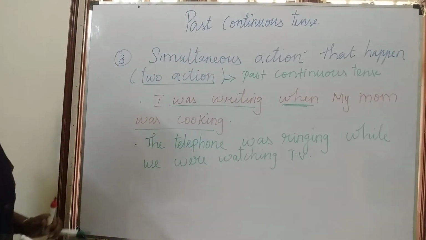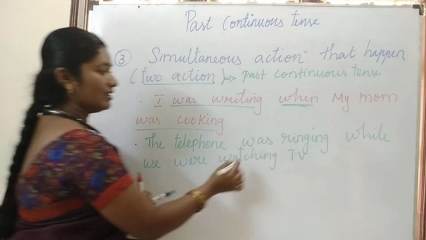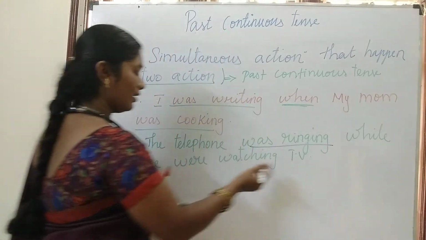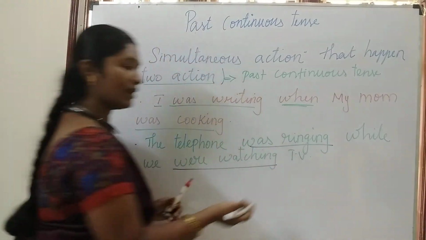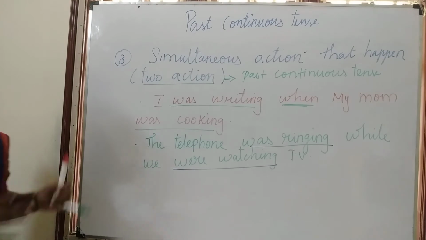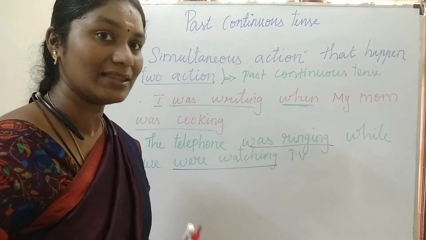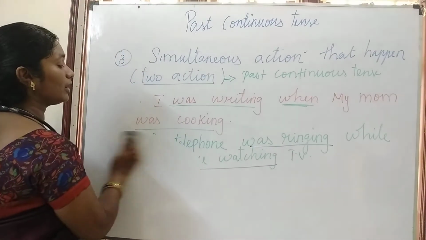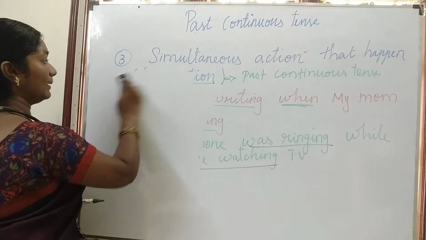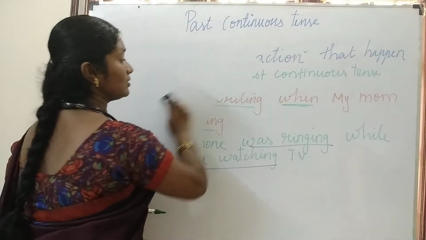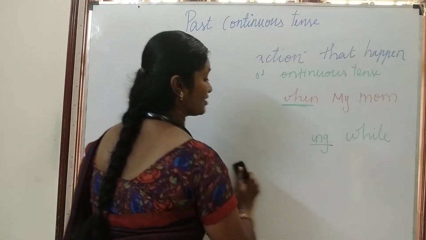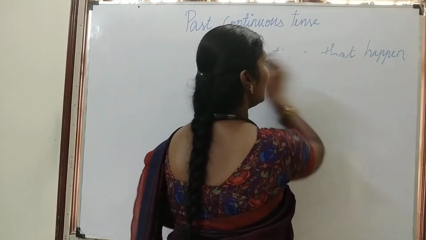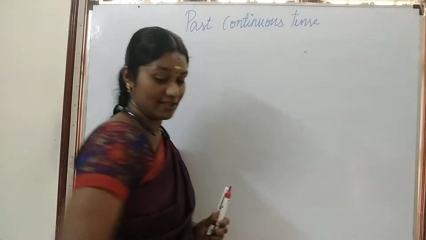So both actions happened simultaneously. The telephone was ringing while we were watching television. So two actions happened simultaneously in the past. To point out those two actions, we have to use only past continuous tense.